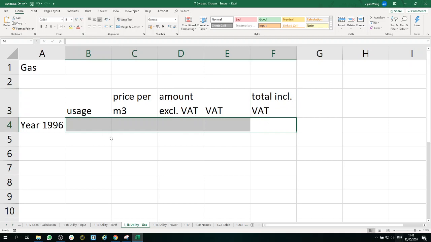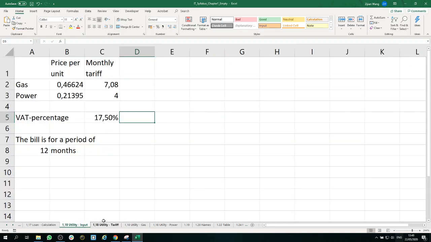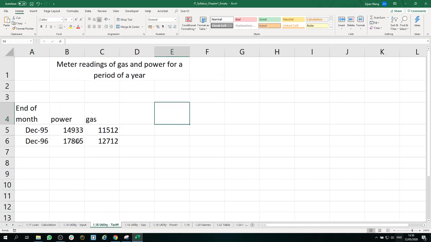These are numbers. So as we illustrated before, if we have data available in other sheets, for example in the input sheet or the tariff sheet, so here we have the months, we have the price per unit, and here if we calculate it, we can see how much power and gas you used in the year 96.